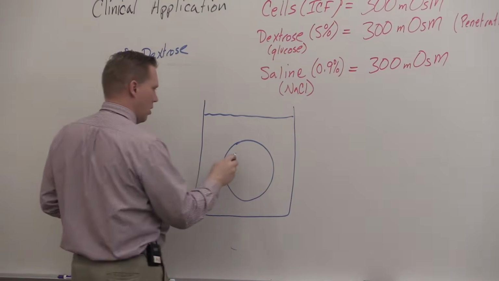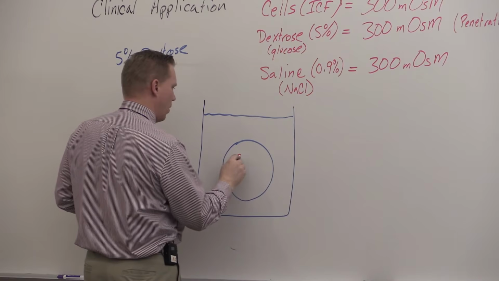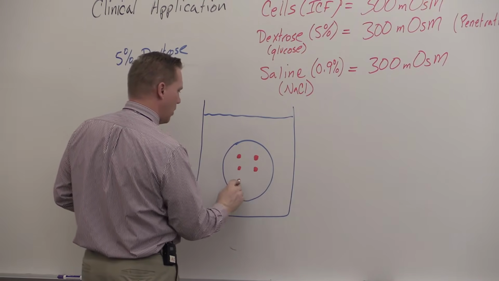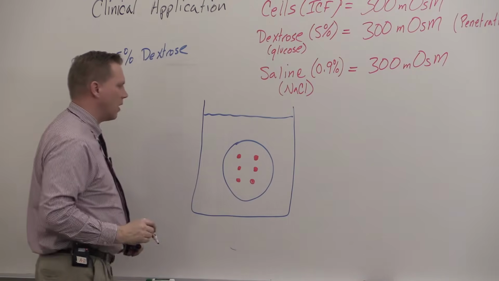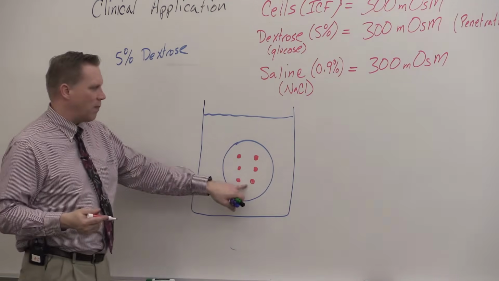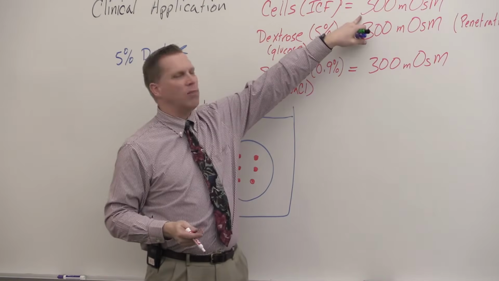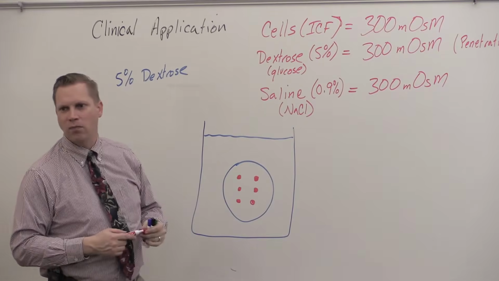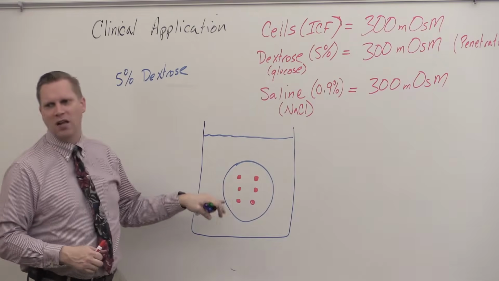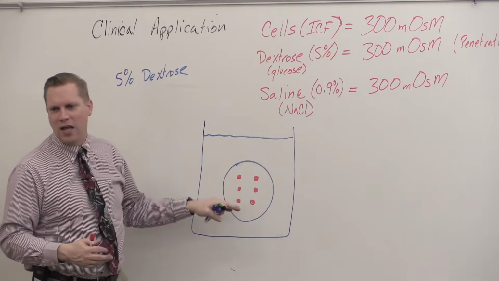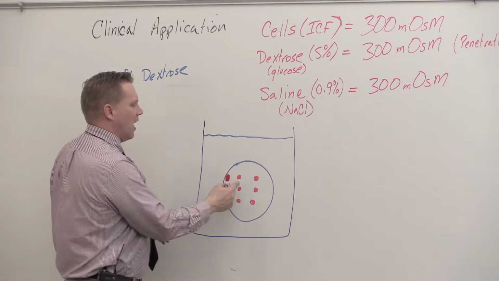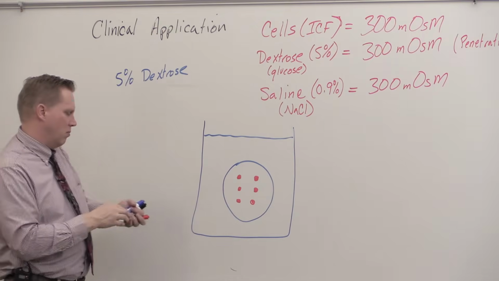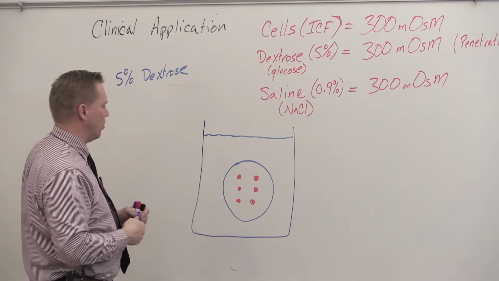Now, let's first start by representing in this model, as we did earlier, I'm going to draw 6 dots. And those 6 dots are going to represent my 300 milliosmolar osmolarity inside the cell. They're representing all the proteins, the phosphates, the ions, the nucleic acids, nucleotides. Everything together is represented by those 6 red dots. That big conglomeration of all those different solutes.